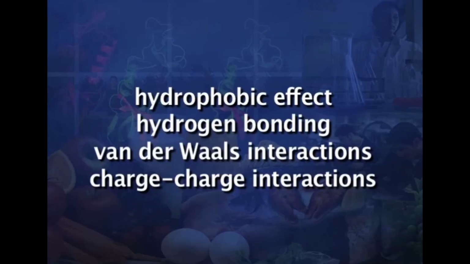Now, the peptide bond holds together the amino acids into a long chain, and this chain has to be folded into the secondary, tertiary or quaternary structure, as we have already seen. Now, this folding and stability is contributed by a number of forces, and it is stabilized by non-covalent forces including the hydrophobic effect, hydrogen bonding, van der Waals interactions, charge-charge interactions.